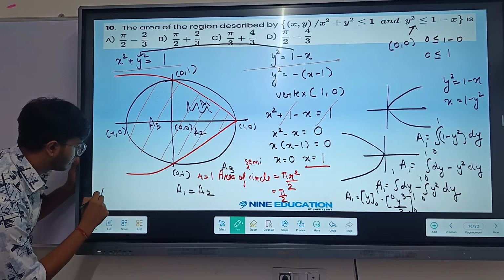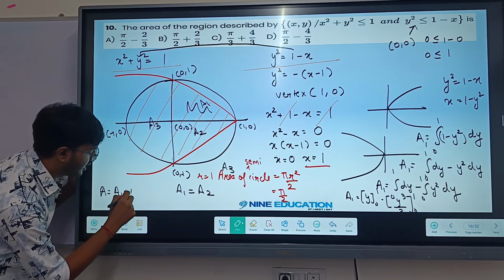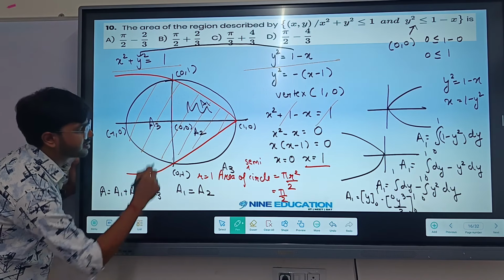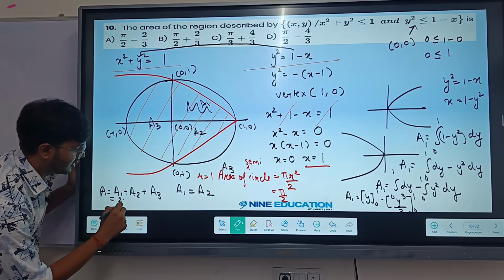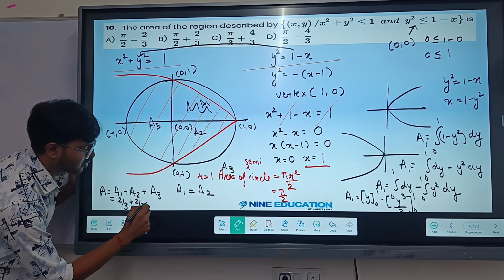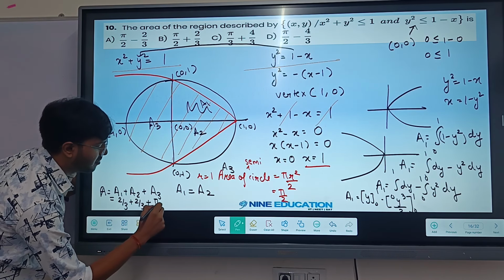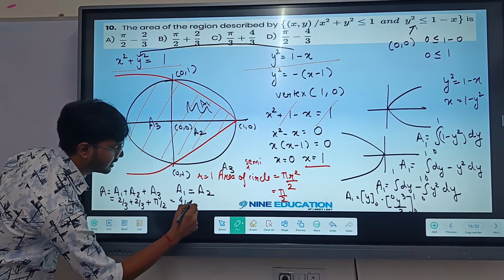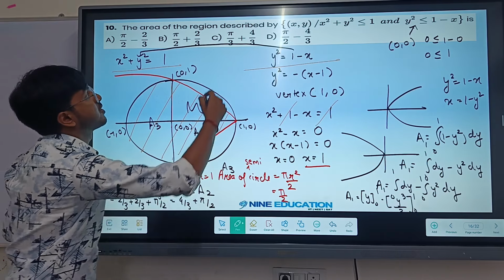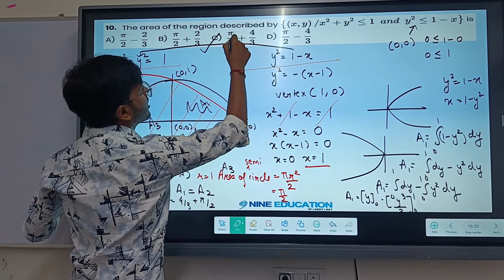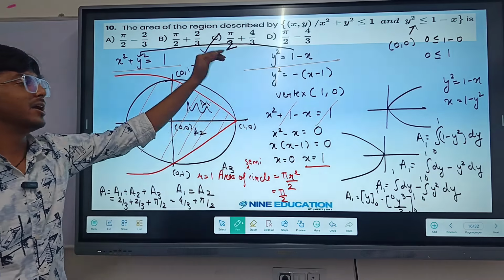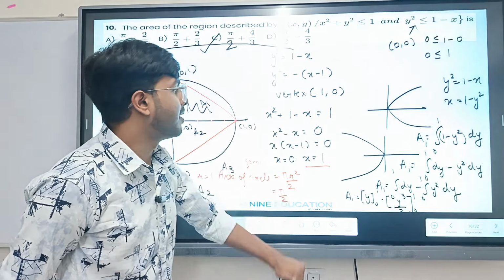So if I need to find total area, it would be A1 plus A2 plus A3, because A1 and A2 are symmetric. So A1 is 2 by 3, A2 is 2 by 3, and the semicircle area is pi by 2. So it will be 4 by 3 plus pi by 2, which is option C. I hope you have corrected this during your exam. Instead of pi by 3, it should be pi by 2.